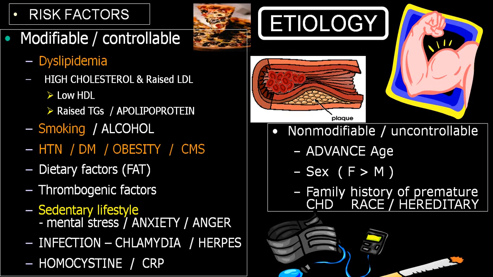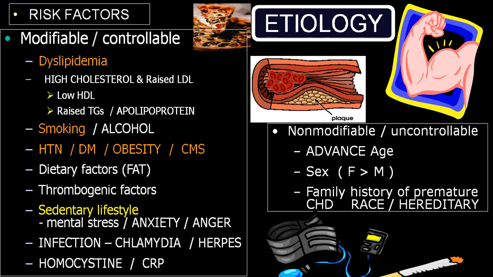Dietary factors, thrombogenic factors, sedentary lifestyle, mental stress, anxiety, anger, infection like chlamydia or herpes simplex, homocysteine elevation, and inflammatory markers elevated in inflammation. So CRP, hsCRP elevation also becomes a risk factor.